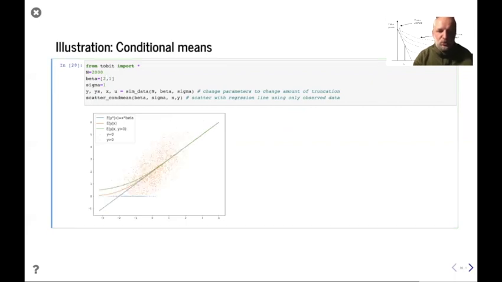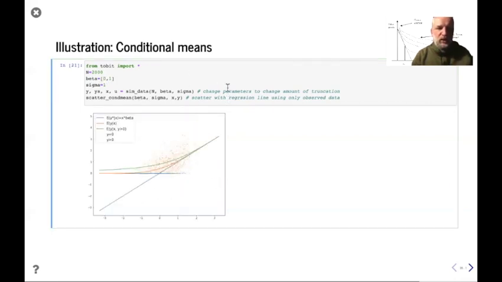So you can move around these parameters, and in the limiting case where there's no censoring, they completely overlap, and you could just estimate the model with linear regression. So anyway, I'm going to put it back to what we had to begin with, and so you see this picture here. Again, I just simulate data and then make a plot. There's a function that does this. I don't want to go into how you plot different things.